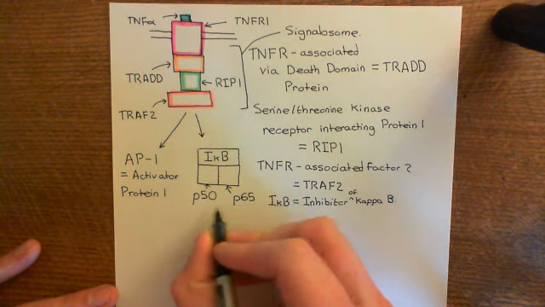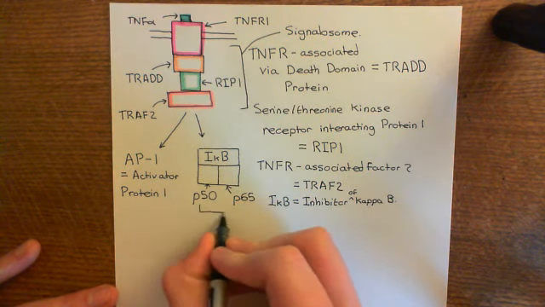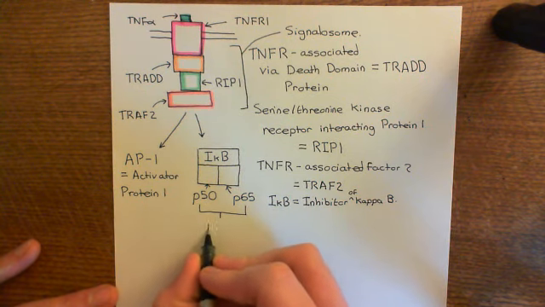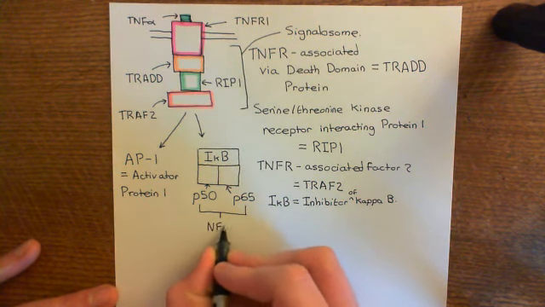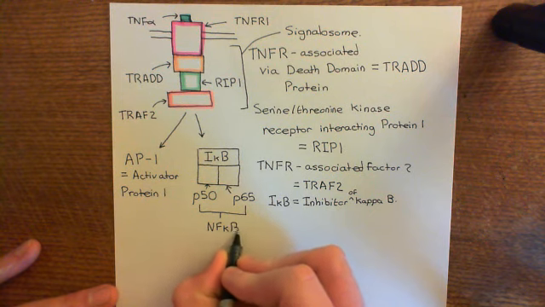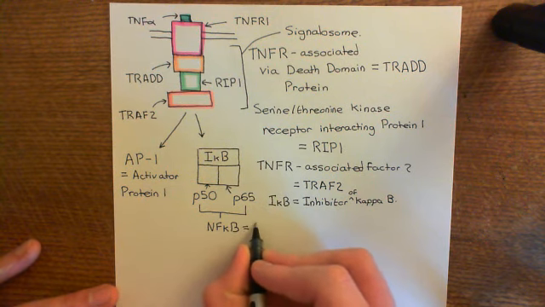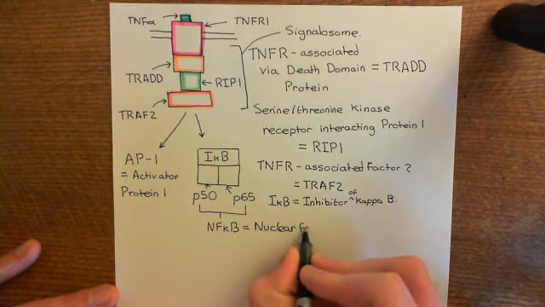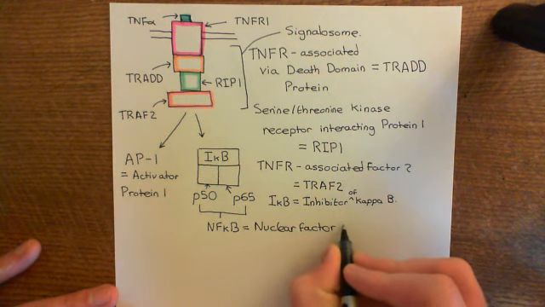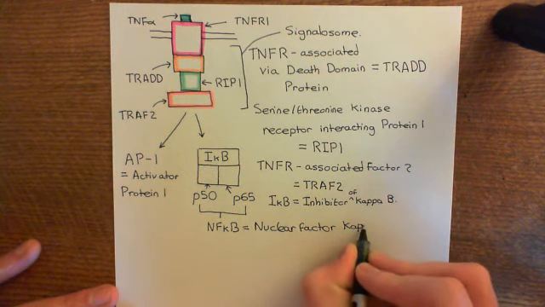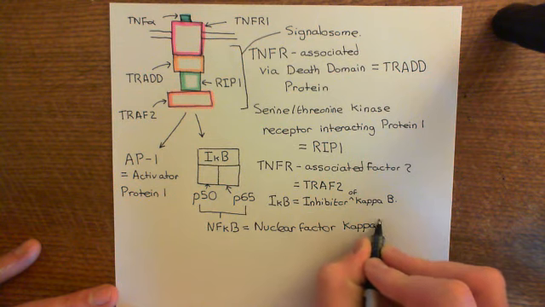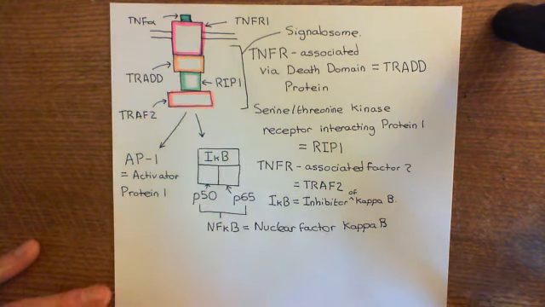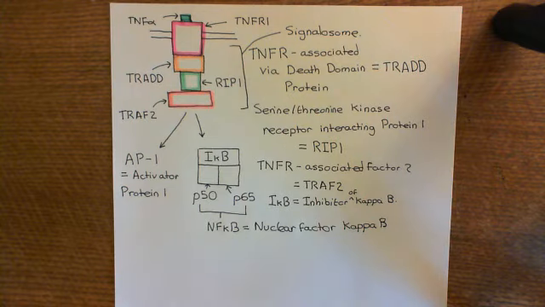So the dimer of P50 and P65 together is known as NF-kappa B, so you put a little K there, B. This means nuclear factor, so it's going to be a transcription factor, nuclear factor kappa B. This NF-kappa B, which consists of P50 with P65, usually is kept inhibited by having I-kappa B, the inhibitor of kappa B, bound to it.